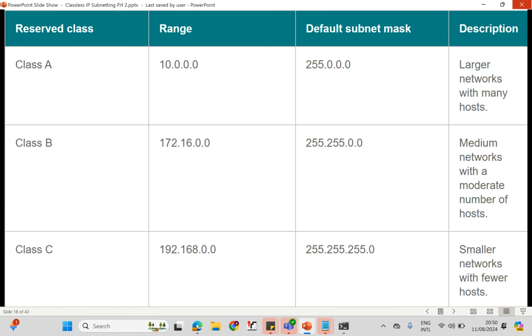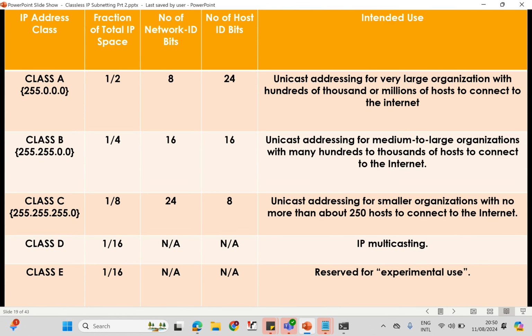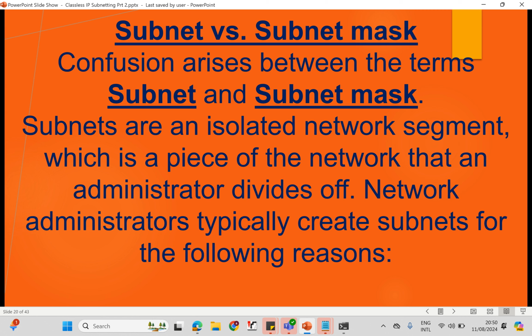Remember class B, medium network with a moderate number of hosts. But these classes, when you have not done any subnetting on them, you can see larger networks with many hosts. All right. I explained all of this in the last class. You could visit that again.